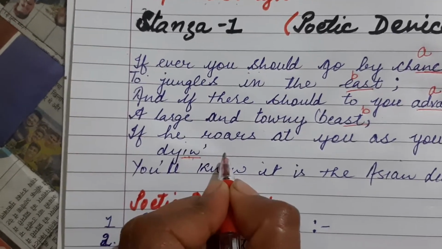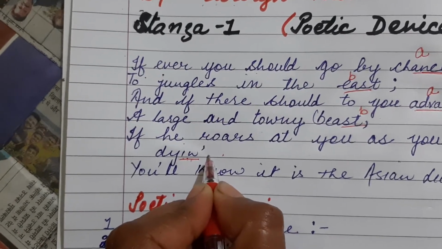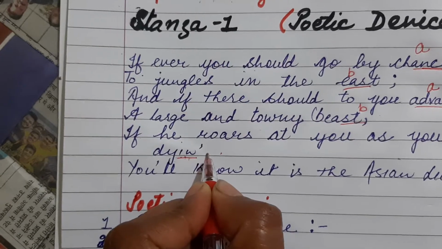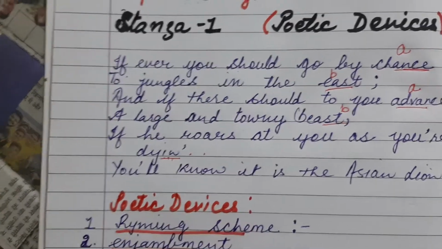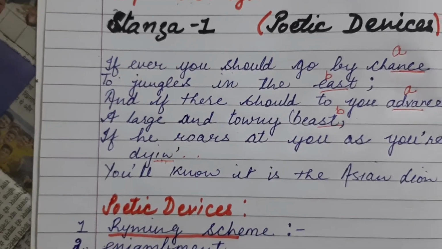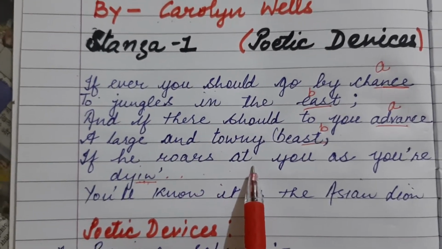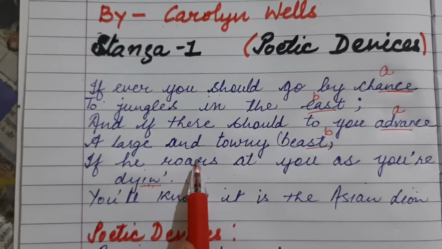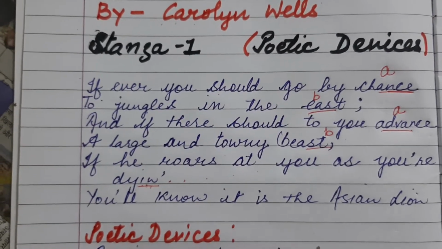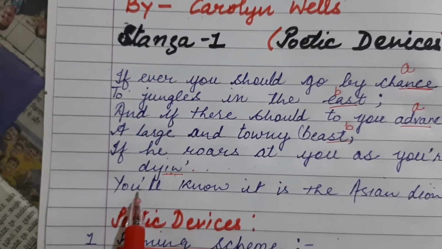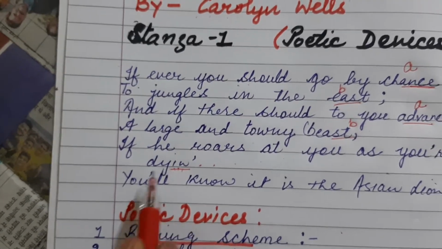Students, actually, this is dying. The G has been skipped, or it is not written by the poet, willingly, because poets have a right that when they write poems, for the sake of the rhyme, they can miss a letter, right? So that is called the poetic license, right? And next, it is dine.